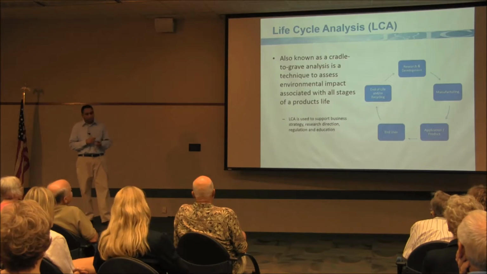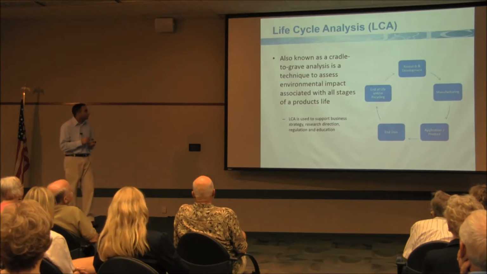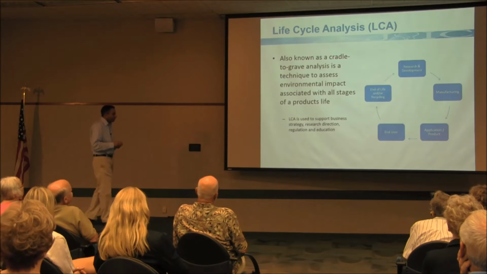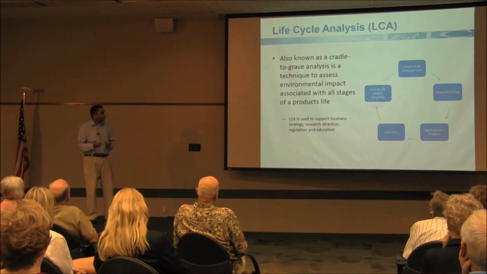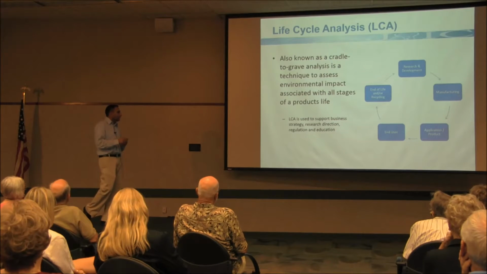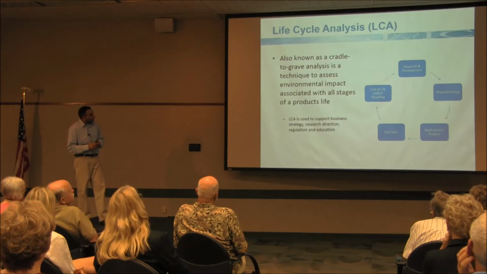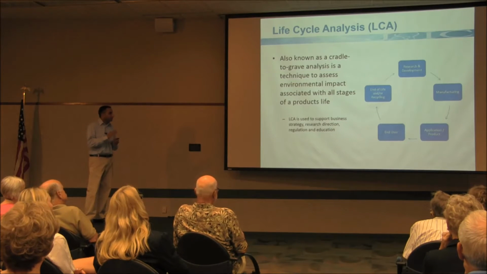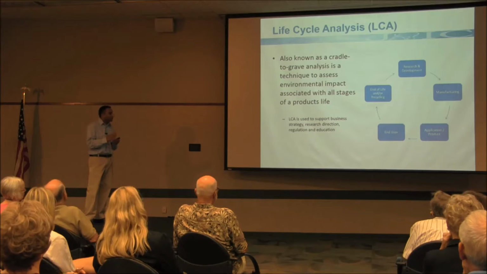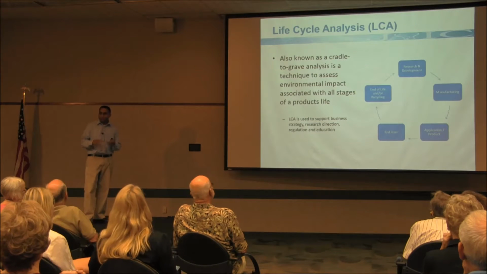One of the tools that we use for determining if a product is safe or not is called a life cycle analysis. The diagram on the right there is what a life cycle analysis actually does. We start at the top, which is research and development, and that's the material.